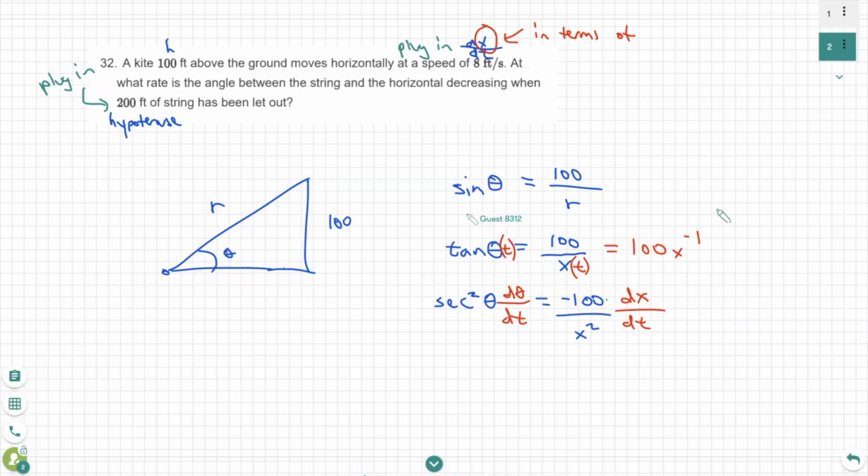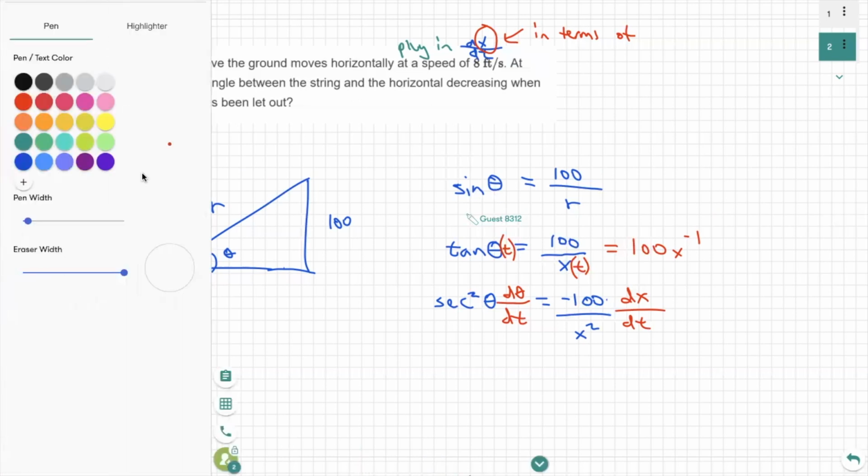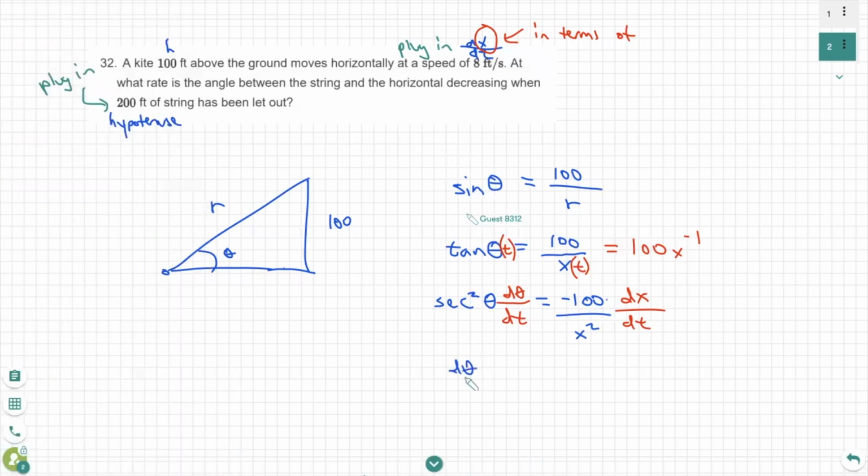So we want to get d theta over dt on its own. So we divide by secant squared theta on both sides. One over secant squared theta.